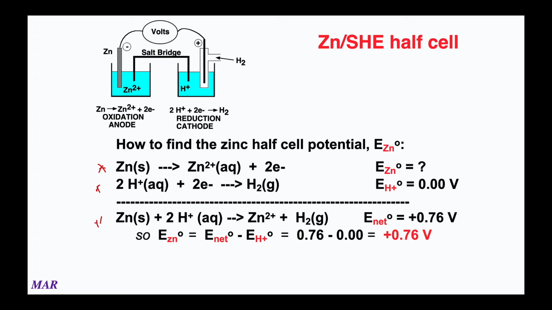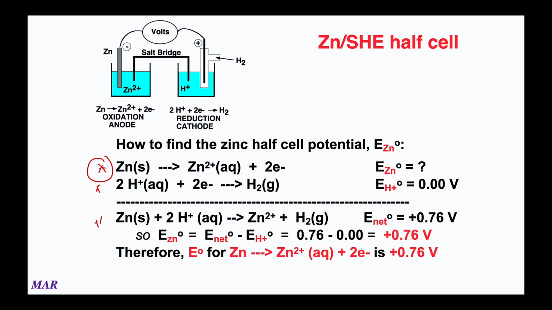And we just figured out that this reaction right here, zinc going to zinc 2+ plus 2 electrons, is 0.76 volts. Pretty cool. This is the first one of the half potentials for the half reactions that we figured out. We figured it out using the SHE electrode, our measuring stick, if you will.